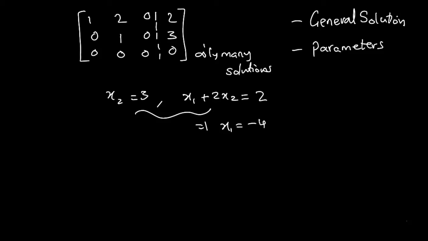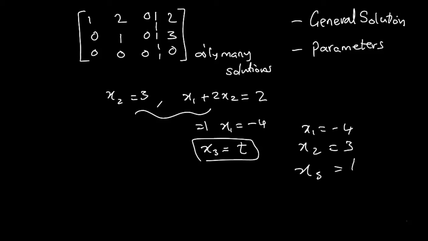But what is the value of x3? Well, x3 can be anything, any parameter t. So that means the solution to the system is x1 is minus 4, x2 is 3, and x3 is t.